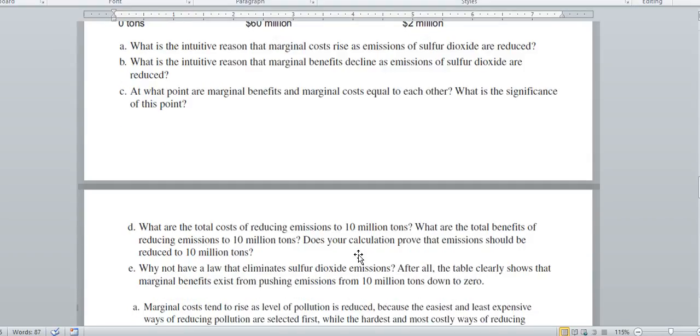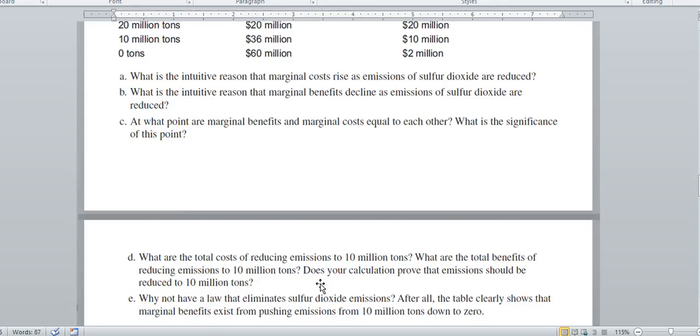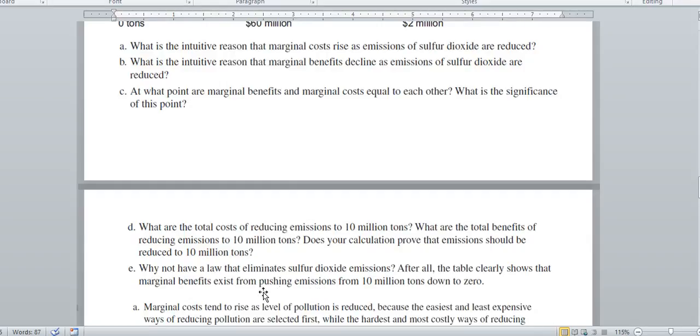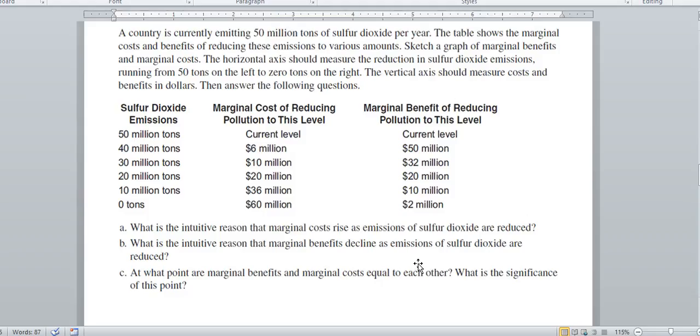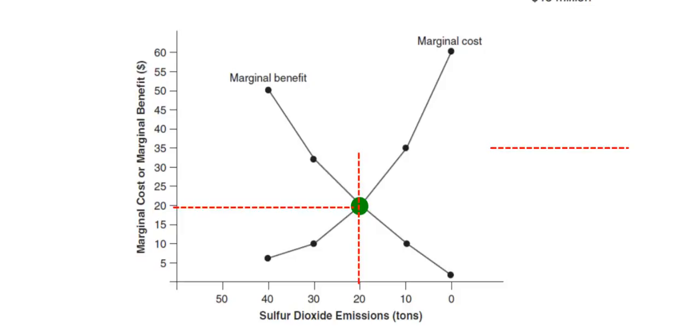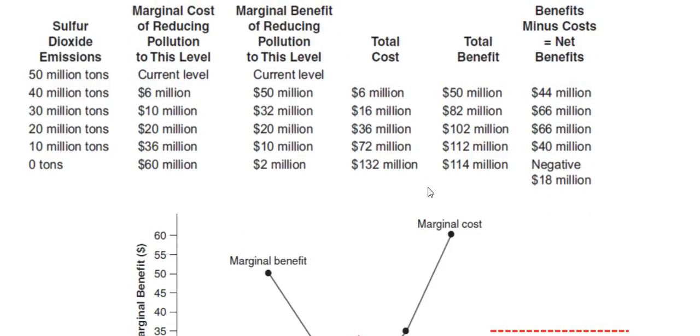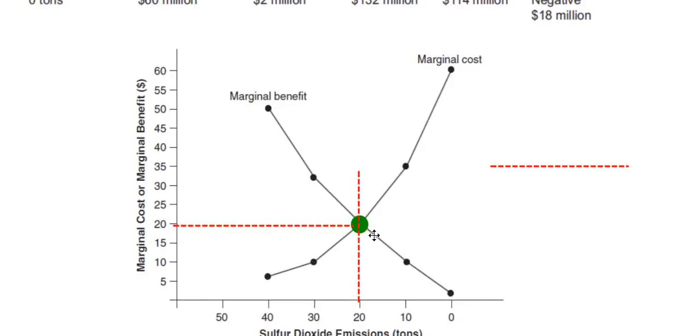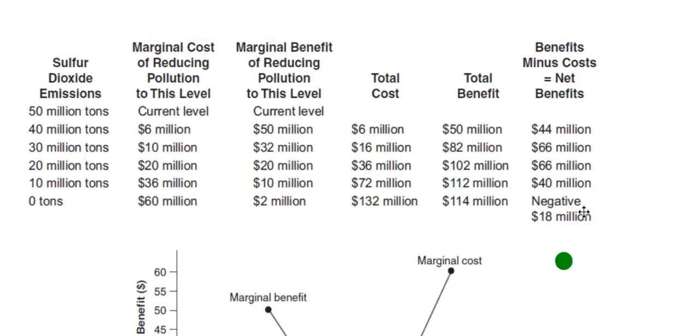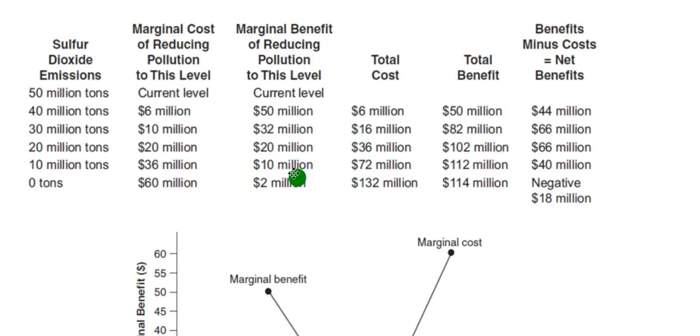Yeah, we talked about 10, and then we looked at what would happen if you went down. Let's see, why not have a law that just takes it down to 0? Well, if we go down to 0, let's jump back here, and I said this a minute ago, but if we go down to 0, you can see that going from 10 to 0 is a huge marginal cost.